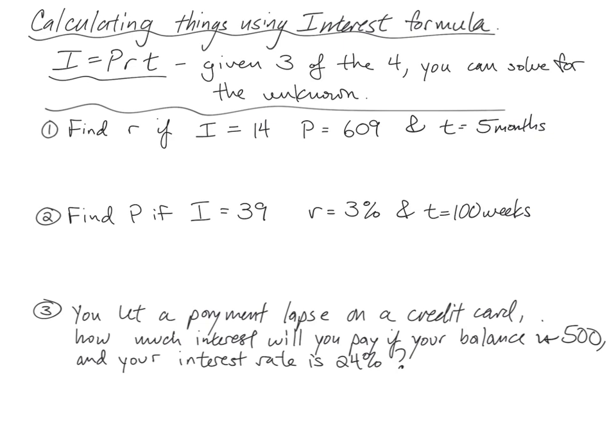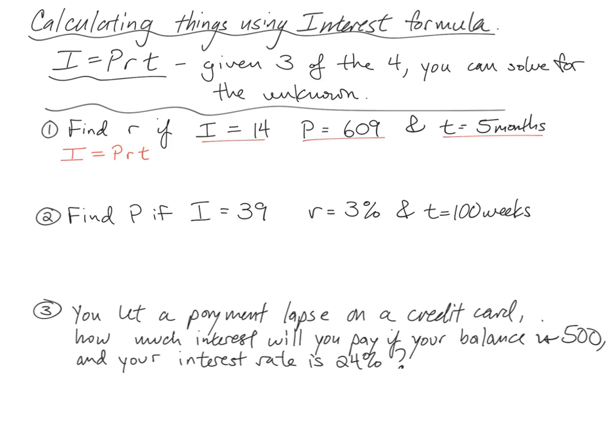So if we're trying to find an interest rate and we know that I equals 14, the actual amount of interest earned was $14. The amount we started with was $609, and we had 5 months of the money sitting there. The first thing I like to do is just write down I equals P times RT. And then we'll fill in these numbers as we go.